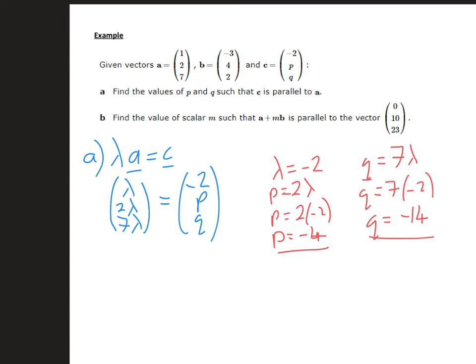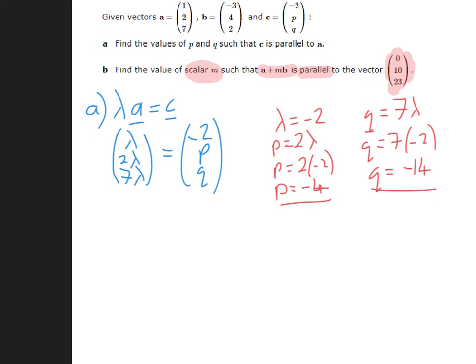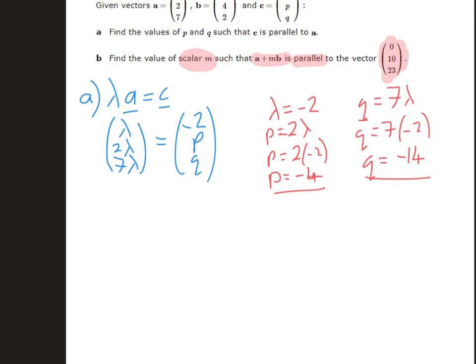And part B says, find the value of the scalar m such that A plus mB is parallel to this vector here. So again, if I write down what those key facts mean, that means that A plus mB is equal to that vector there times by a constant.